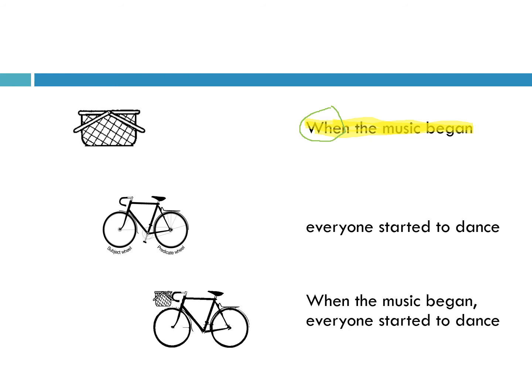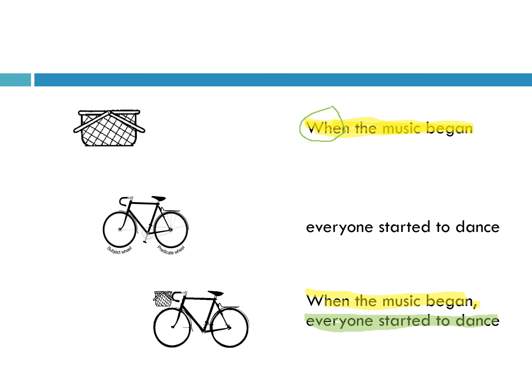When the music began, everyone started to dance. When you begin a sentence with a subordinating dependent clause, you have to have a comma separating the independent clause from the dependent clause. The independent clause is everyone started to dance, and that dependent clause is when the music began.